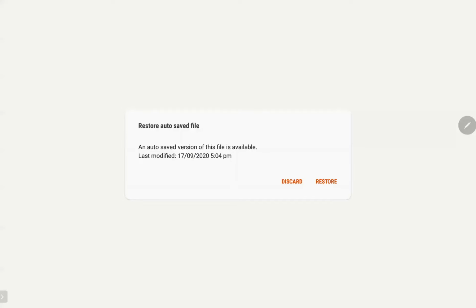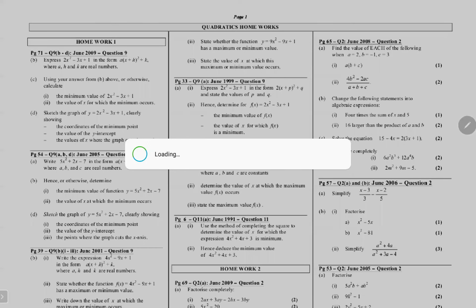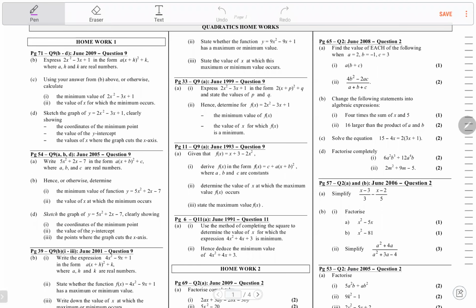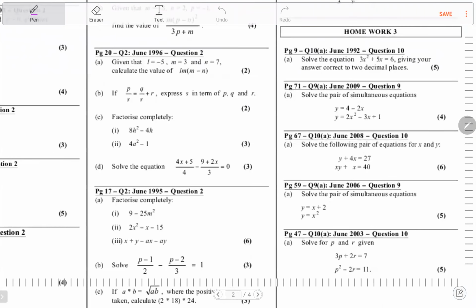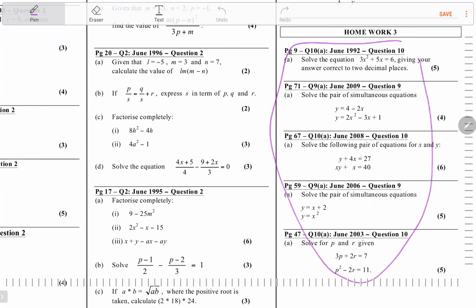I'm going to do a couple of questions. Homework number 3, down here on the right, has some other simultaneous equations that I wanted to practice. Those of you who don't have the handout yet can screenshot that and do those questions on the right. I think 2 of these questions are in the list that I just showed you.